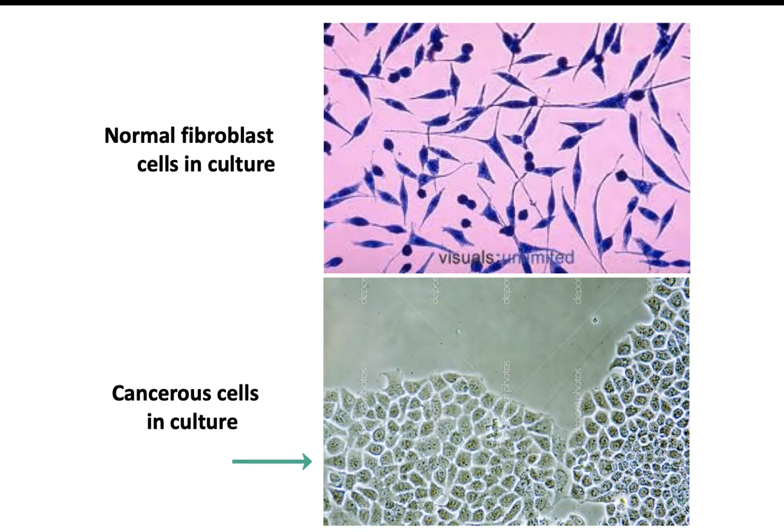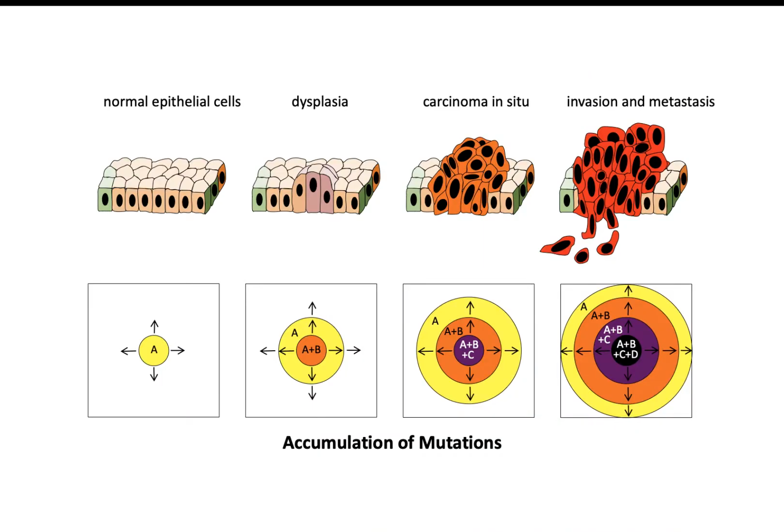You can see the cells are not the same size, and the nuclei also vary in size. If you could stain the nuclei for DNA, you'd see some also contain micronuclei, which is very characteristic of cancer cells.